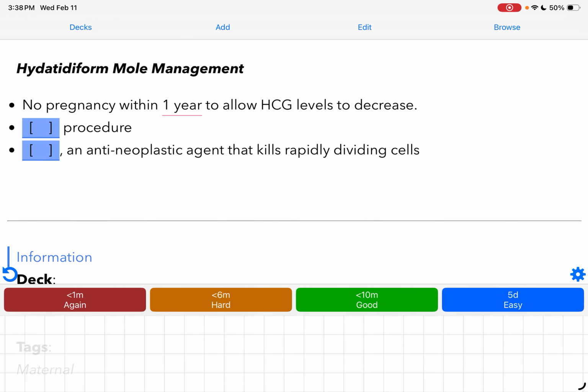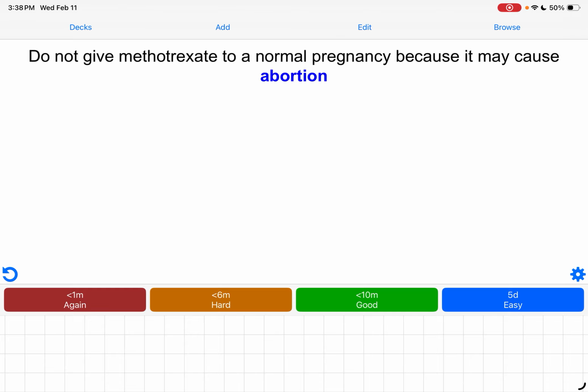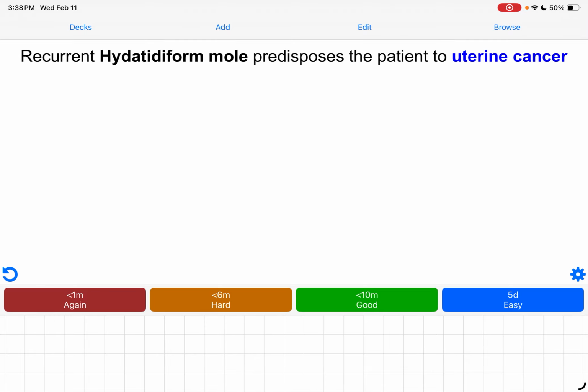Do not give methotrexate to a normal pregnancy because it may cause abortion. Recurrent hydatidiform mole predisposes the patient to uterine cancer.